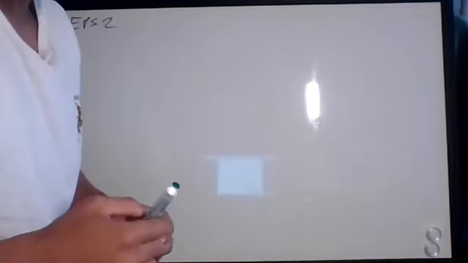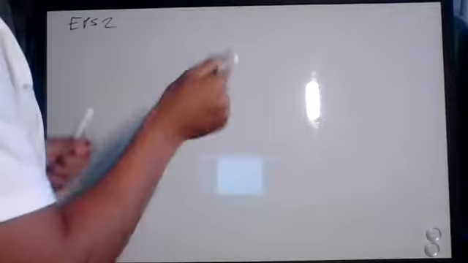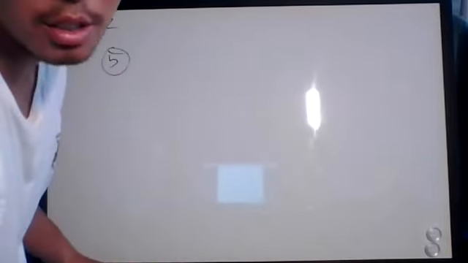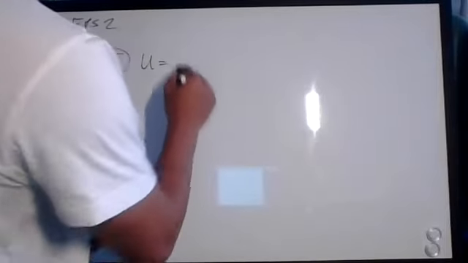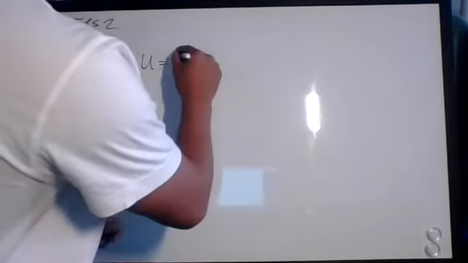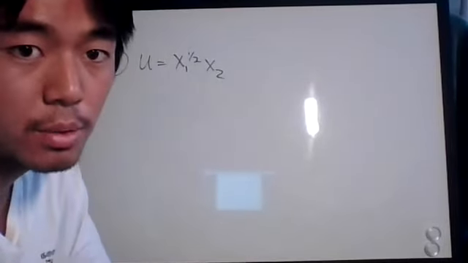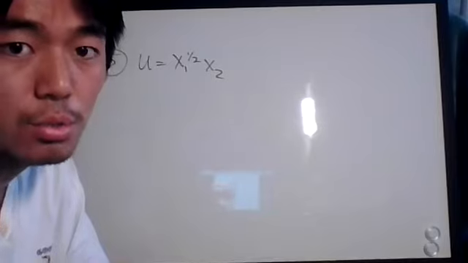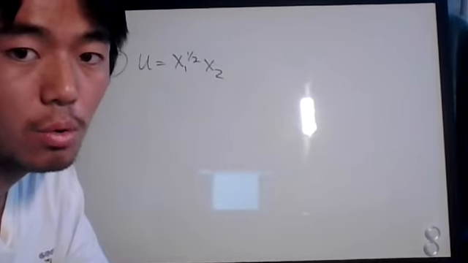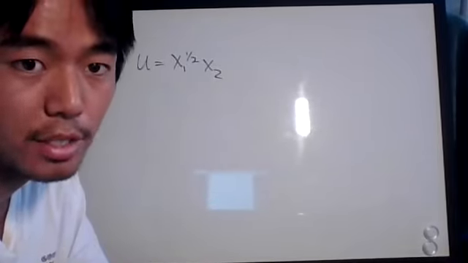Here's a question that we can do. Looking at number 5, we're given the information u is equal to x1 to the 1/2, x2. And the question is, holding x1 constant, would an increase in my consumption of x2 raise or lower my marginal utility of x1?